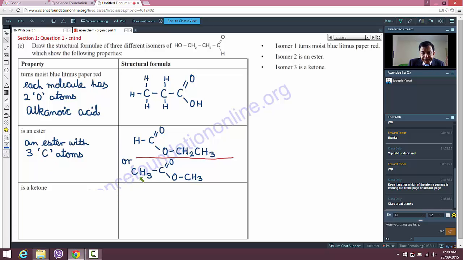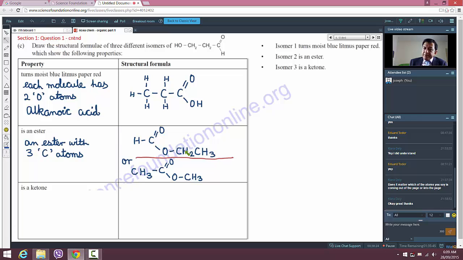Can you see? The 2 carbon alkanoic acid bit and the 1 carbon alcohol bit in that ester. Or we could have it the other way around. The 1 carbon alkanoic acid bit and the 2 carbon alcohol bit. So there are 2 possible isomeric structures that you can get for the ester.